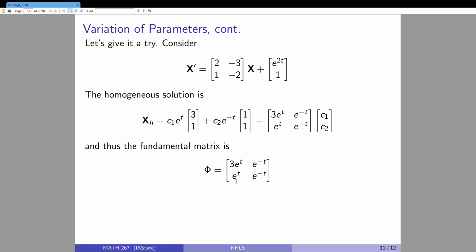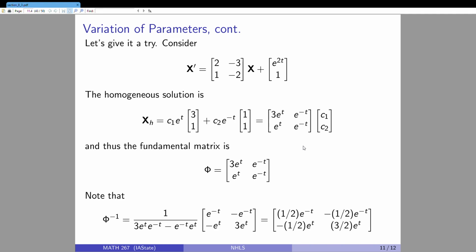Those are the columns, the x1s and the x2s, the column vectors that we get here, smashing them together into a 2x2 matrix. And, oh hey, a 2x2 matrix, and I know it's invertible. I have a formula for its inverse, and right away, we start feeling a little grungy.